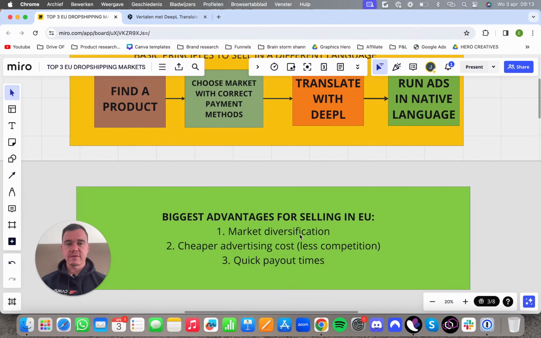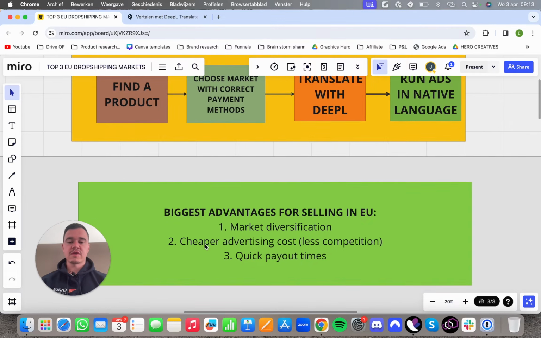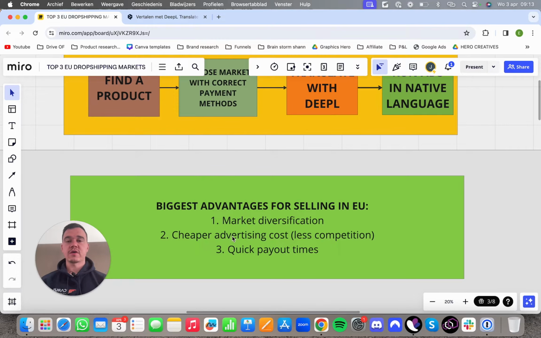And I see a lot of European dropshippers doing this. They take one product from the US and they start selling in like 5 European Union countries, and they can scale very hard. So the second thing, of course, is the cheaper advertising cost, because there is less competition. My CPC, let's say for my Dutch brand, is around 50 cents.